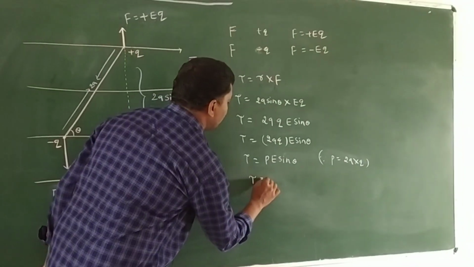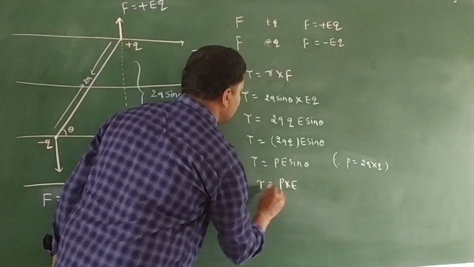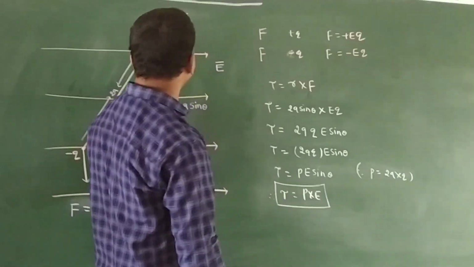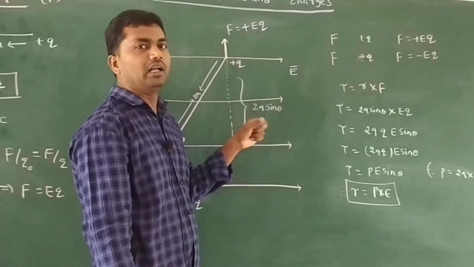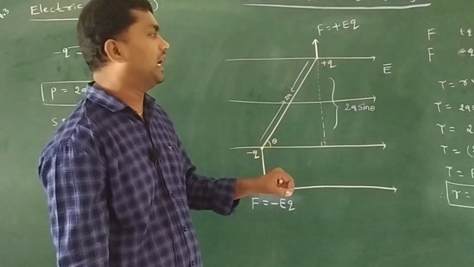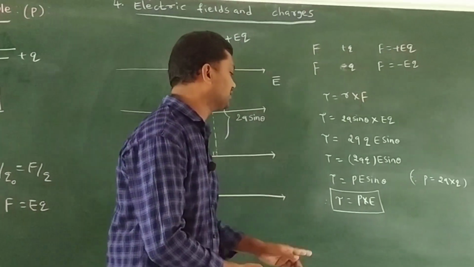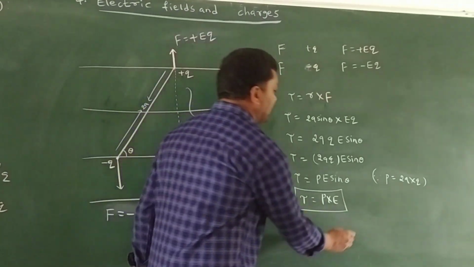Next, tau is equal to P cross E. This equation gives the torque produced when an electric dipole is suspended in a uniform electric field: tau is equal to P cross E.